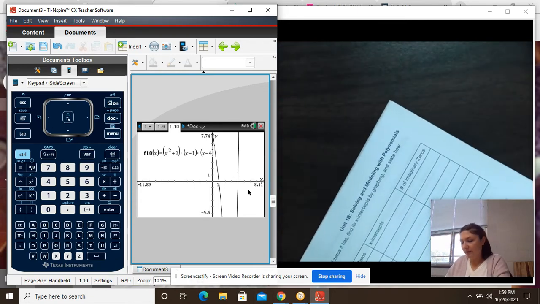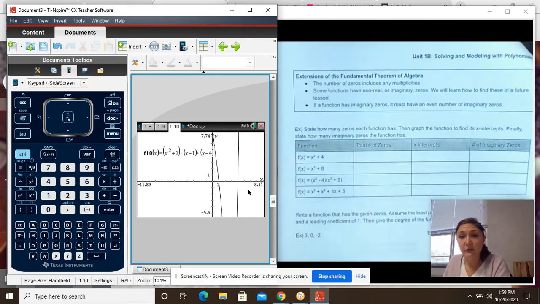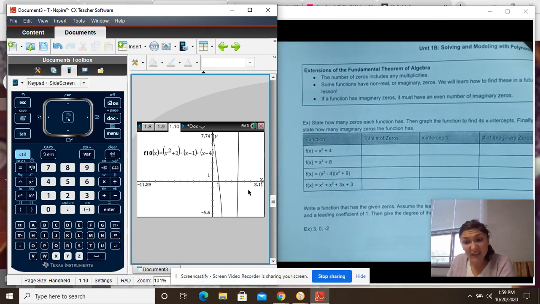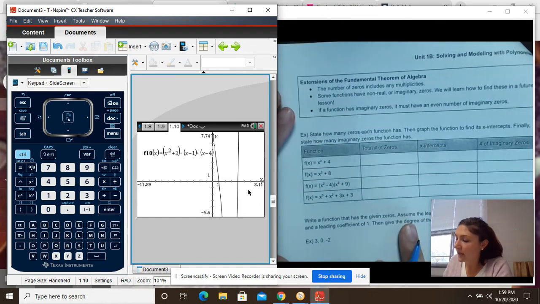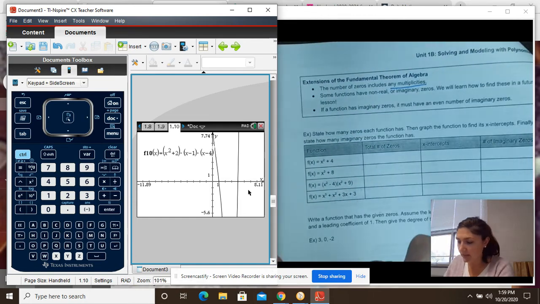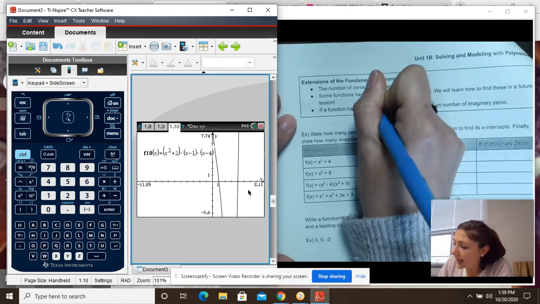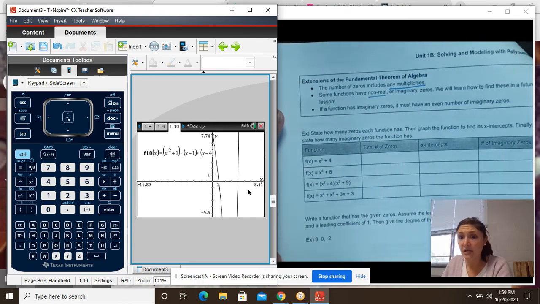So it turns out that the fundamental theorem of algebra, in addition to telling us that the degree should match the number of zeros, gives us some other information as well. The number of zeros includes any multiplicities, which we already talked about. And then it also includes zeros that are non-real, what we would call imaginary zeros.